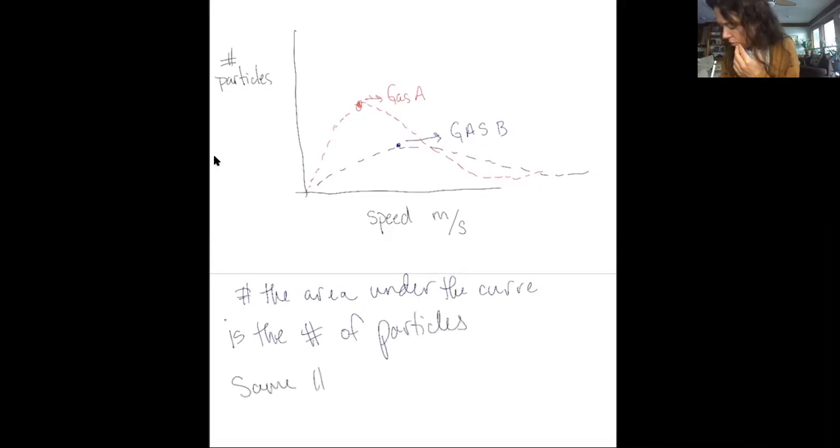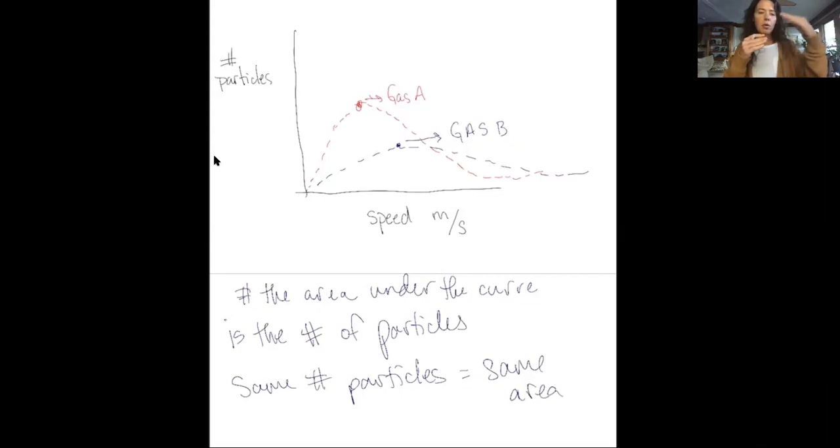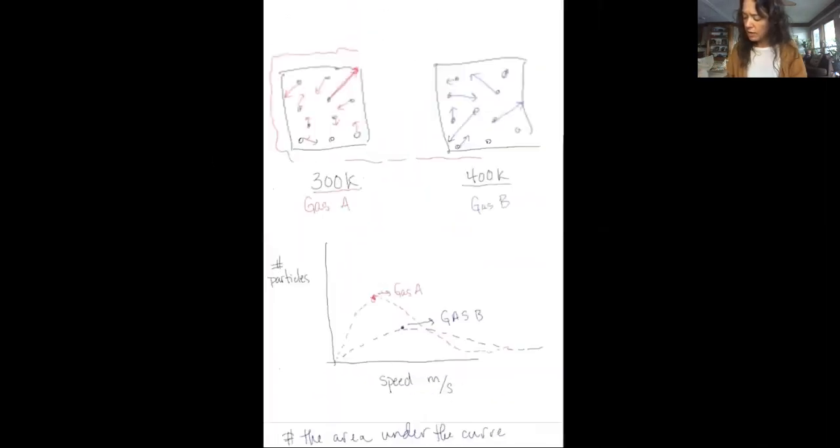Same number of particles, same area. In order for it to be the same number of particles, if we flatten it, then we need to spread it out. So gas A, at a lower temp, was higher. Gas B, at a higher temp, was flattened, and we had to spread it out to keep the area under the curve the same, because we do have the same number of particles.